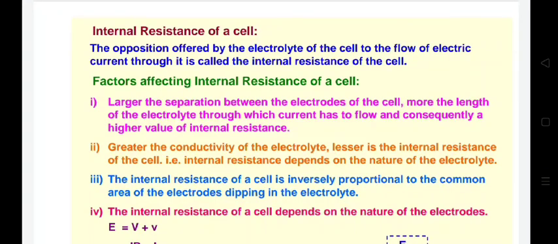Because of the internal resistance of the cell, energy is dissipated in the form of heat inside the cell itself. The internal resistance depends upon the following factors.